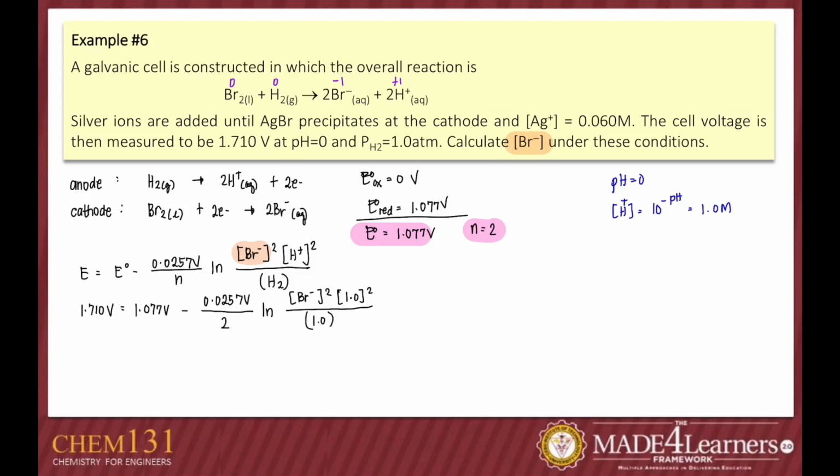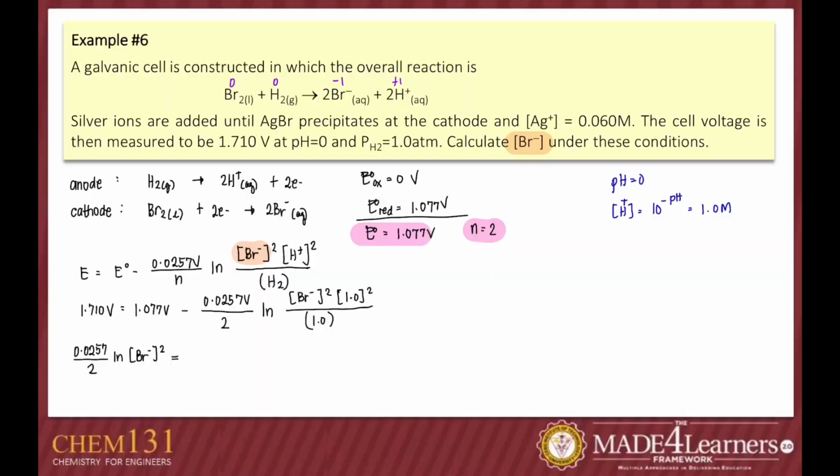Alright? And then we transpose to the other side. So this is 0.0257 over 2 ln of Br negative raised to the power of 2, the others are just 1.